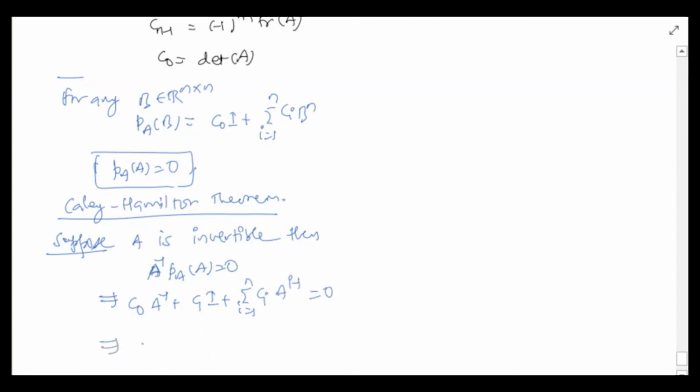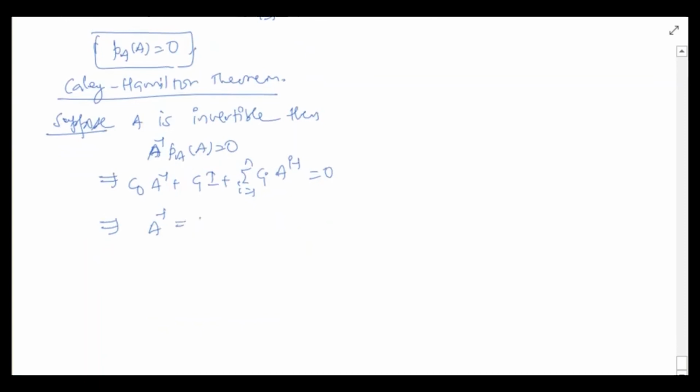On rearranging terms we find that A inverse is equal to minus 1 over c_0 times c_1 I plus the sum over i equals 2 to n of c_i A raised to i minus 1. So we see that we can obtain the inverse of a matrix A in terms of products of the same matrix.